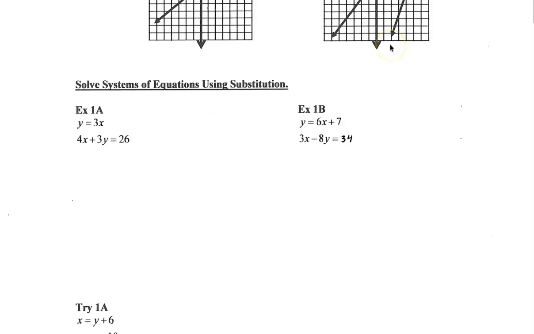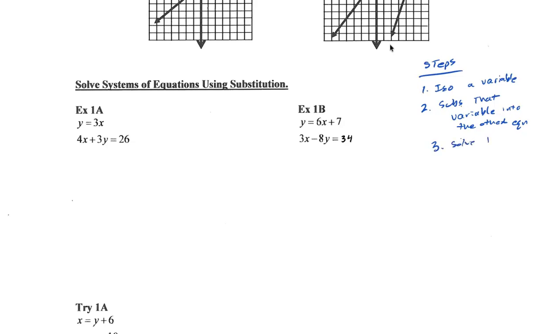So when we solve by substitution, we generally want to follow these steps. Isolate a variable. It does not matter which one. And then we're going to substitute that variable into the other equation. And then we'll solve that equation.